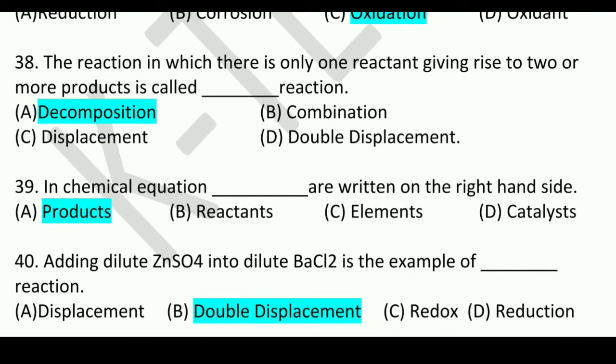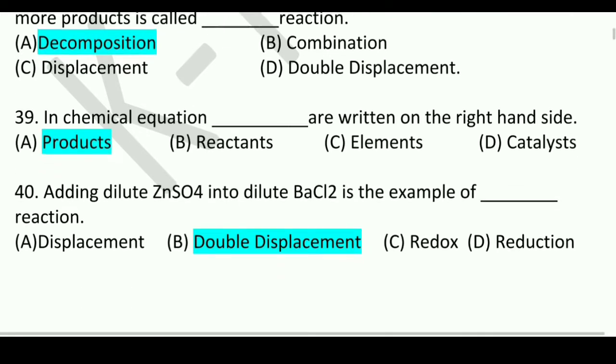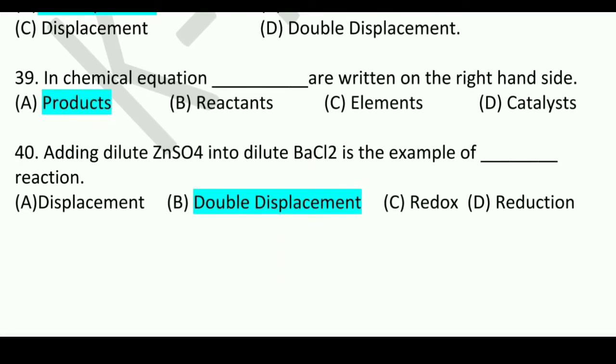The reaction in which there is only one reactant giving rise to two or more products is called dash reaction. Yes, correct answer is decomposition. In a chemical equation, dash are written on the right hand side. What is written, children?